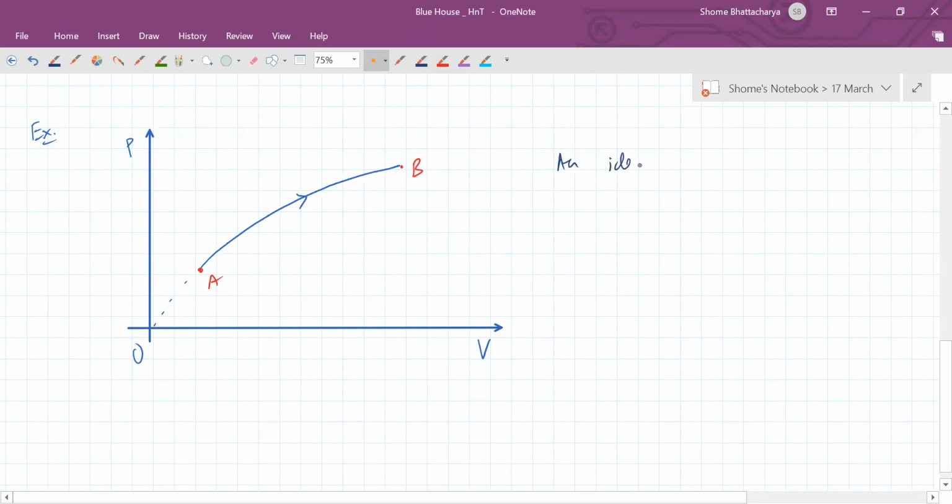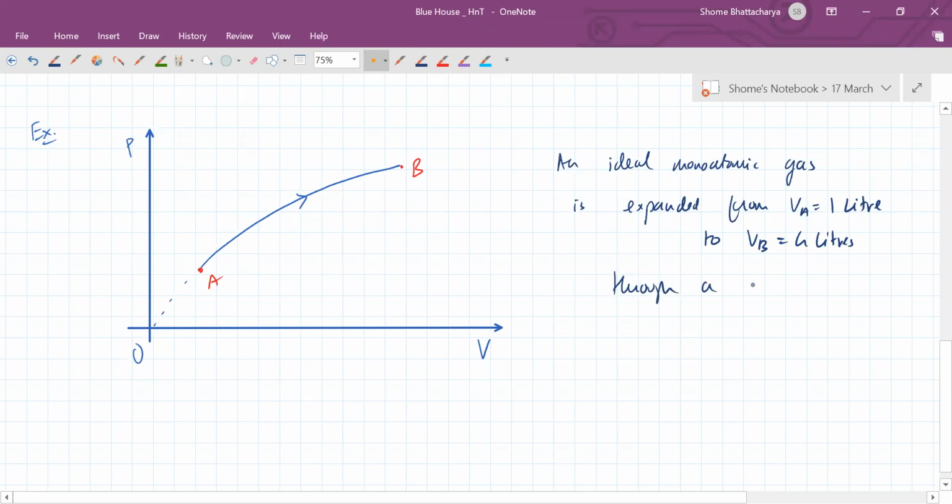An ideal monoatomic gas is expanded from an initial volume of 1 liter to a final volume of 4 liters through a slow process such that pressure is proportional to square root of volume during the process.